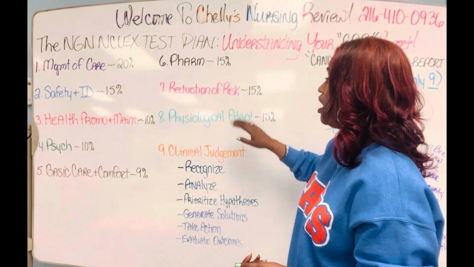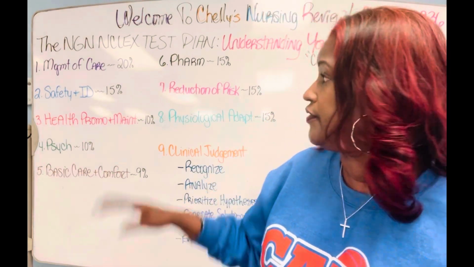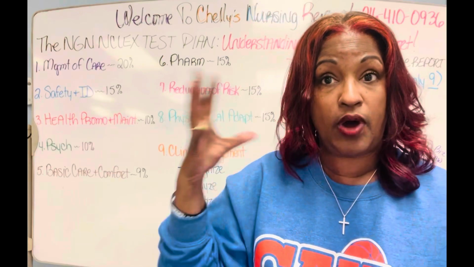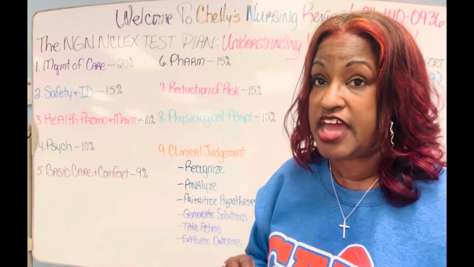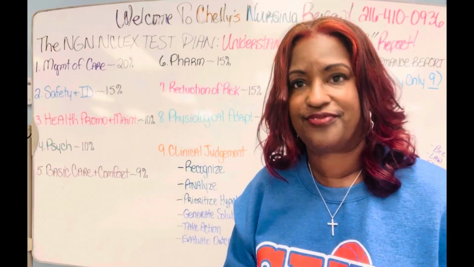I told you that went up. And then with reduction of risk, we have another 15%. Now, these totals are not going to come to 100 because they're really averages and what I've seen over all these years, and specifically for the NGN NCLEX this last year and a half, okay?